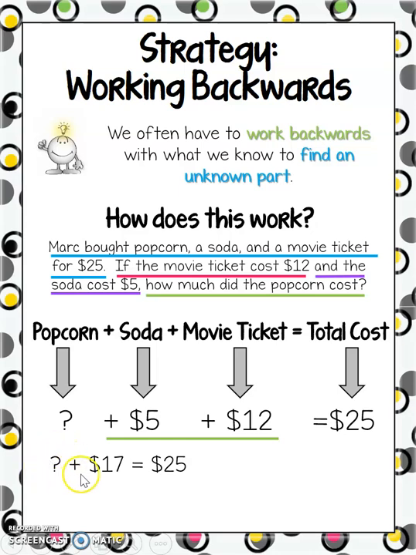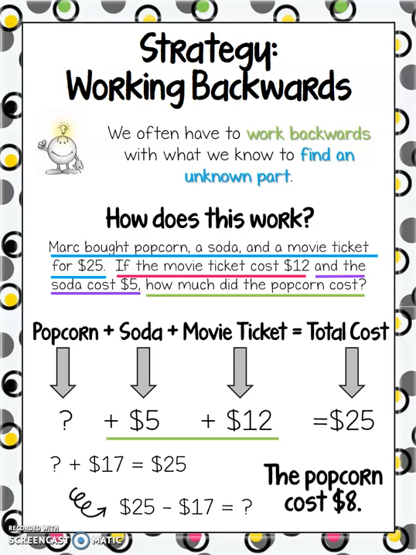Because if a mystery amount plus $17 equals $25, then that must mean that same $25 minus the $17 for the soda and the movie ticket will give me my mystery amount. That tells me that the popcorn cost $8.